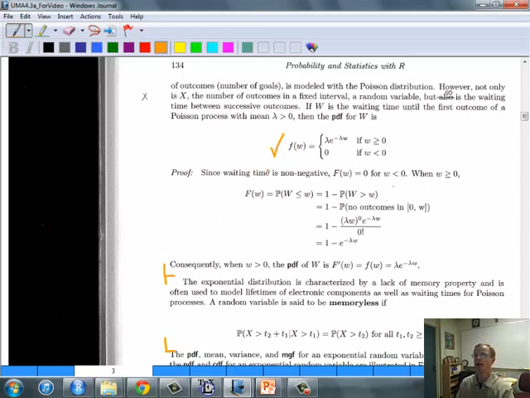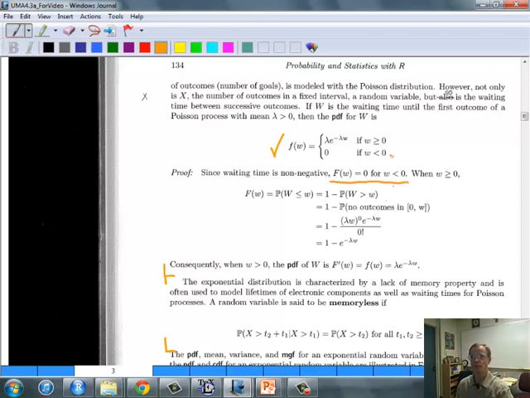Okay, now in that Poisson process scenario, we have the CDF is 0 for, this says W, but you could think of it as X. It doesn't matter, it's a dummy variable. Okay, so below times 0, there's no events that are occurring.